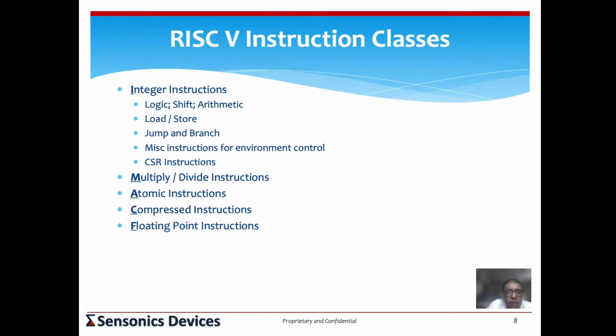And it has compressed instructions, which is a subset of the basic instructions which can be implemented as 16-bit, so that the compiler can reduce the code footprint by using compressed instructions to the extent possible when generating object code for programs that you might have written. And it has floating point instructions. These are the categories of instructions available on RISC-V.